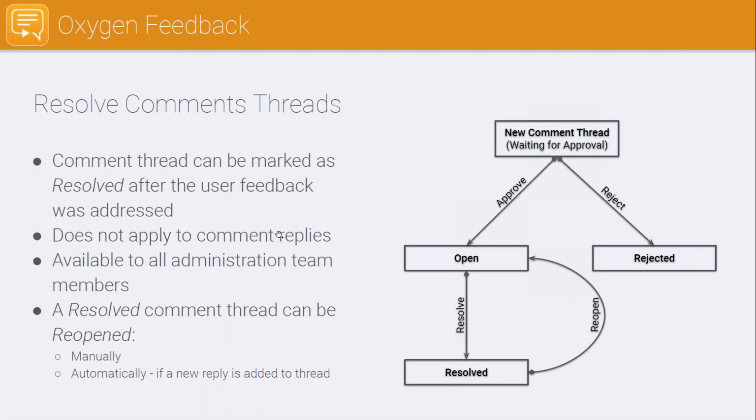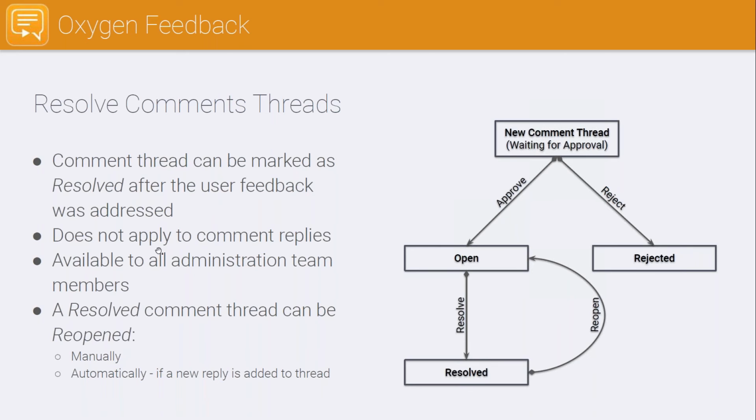Next, until the continuous integration server finishes the republish process, I want to talk about the resolve comment threads workflow. A comment thread can be marked as resolved after the user feedback was addressed. This state only applies to comment threads, that is the first level comments. It does not apply to comment replies.